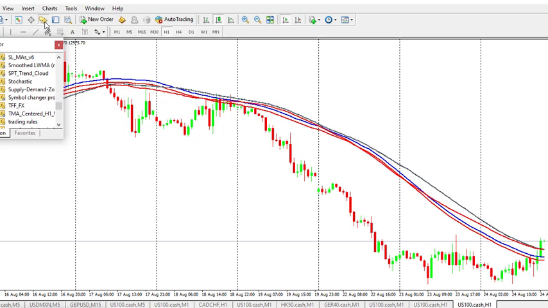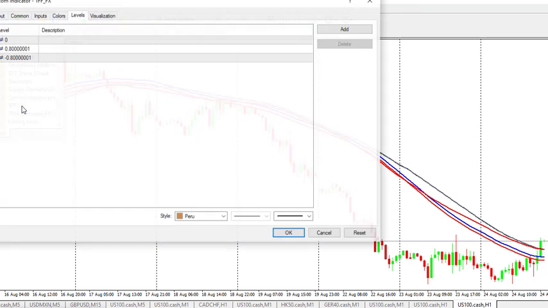I have the TFF underscore FS indicator to add, and this is the levels for this particular indicator. 0.800001. Then the second one is minus 0.8000 in 6 places.